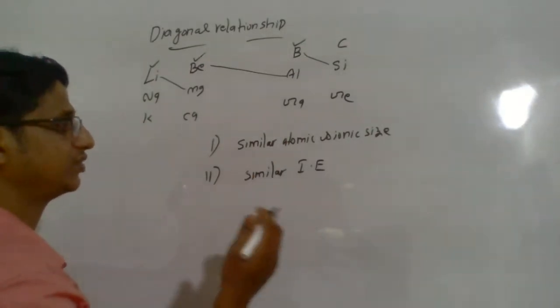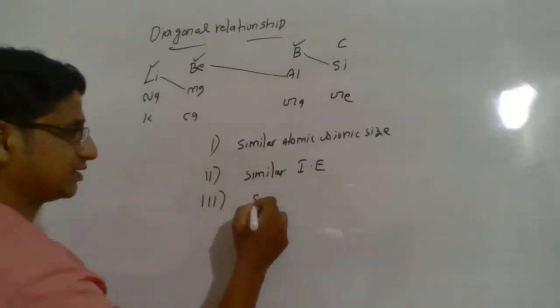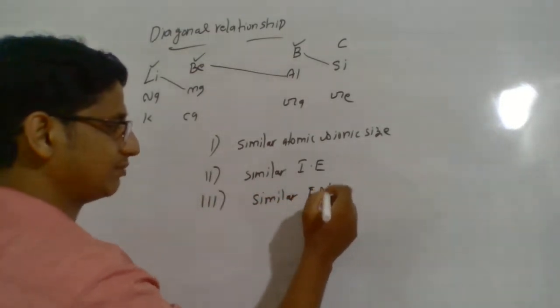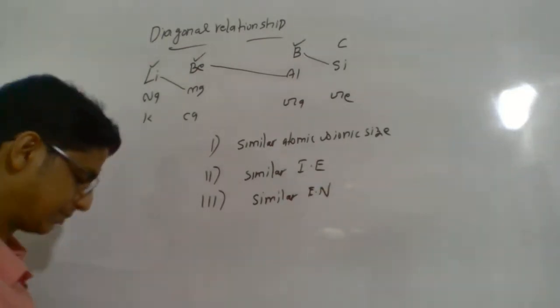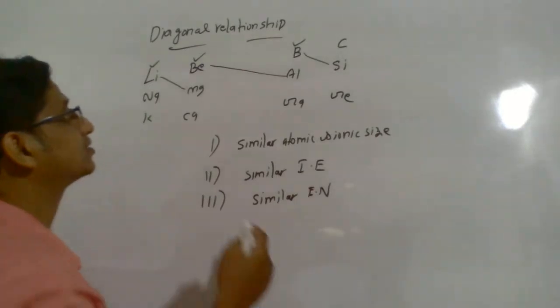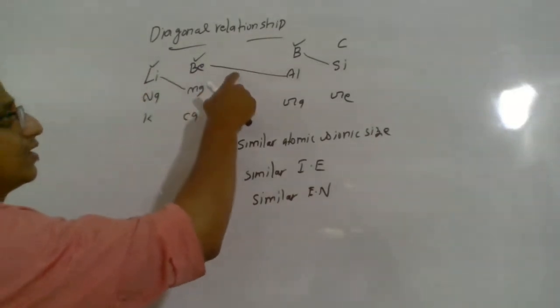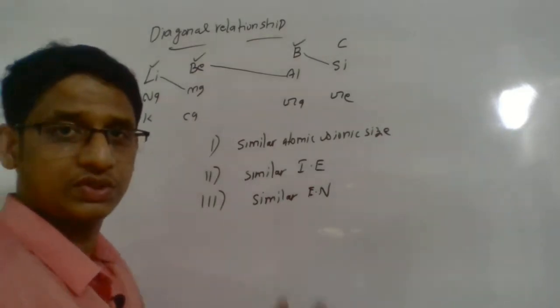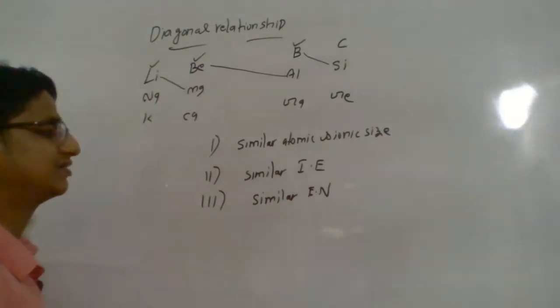That's why they are showing a diagonal relationship. Third one, similarity in electronegativity. That's another way you can think. Electronegativities are almost similar because from left to right electronegativity increases, from top to bottom electronegativity decreases. So again it has a similarity.